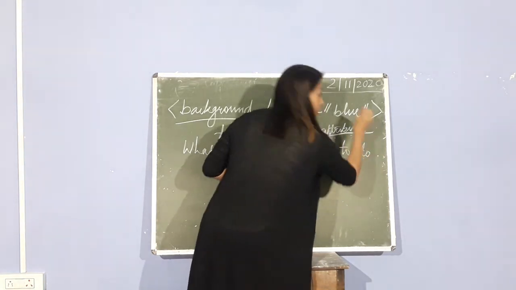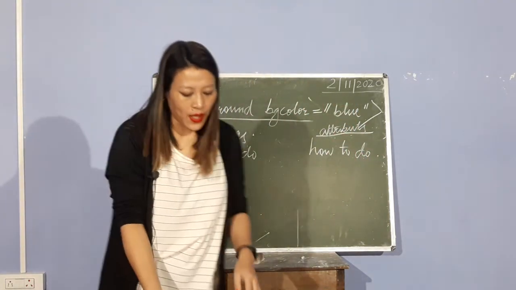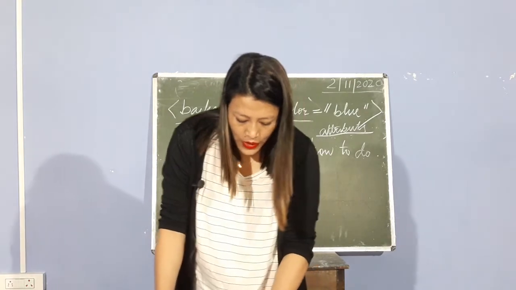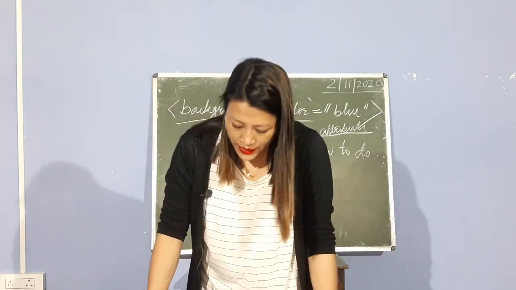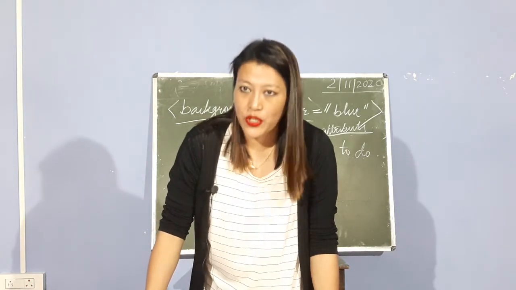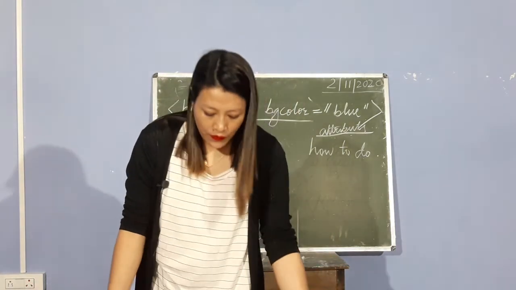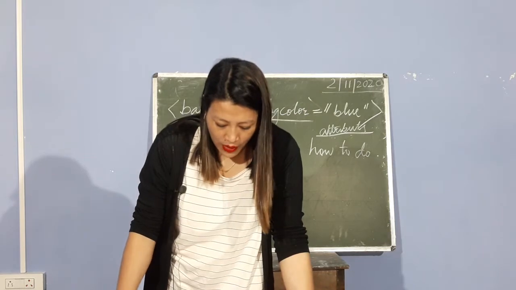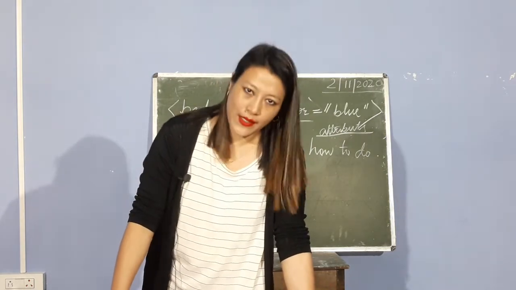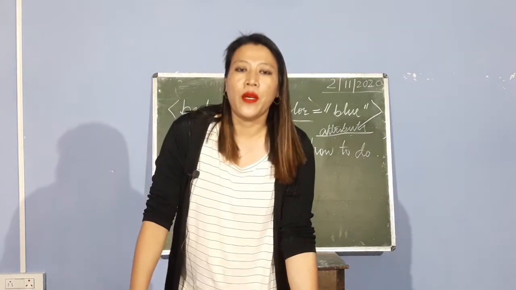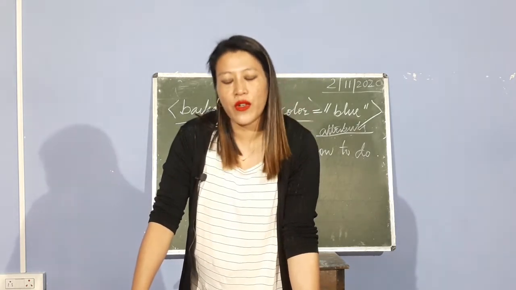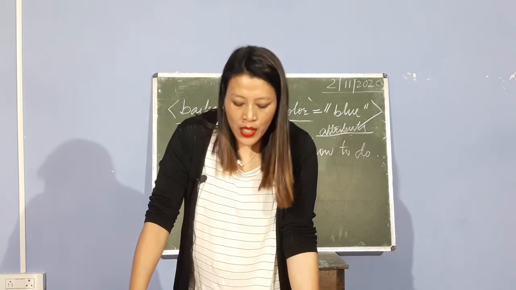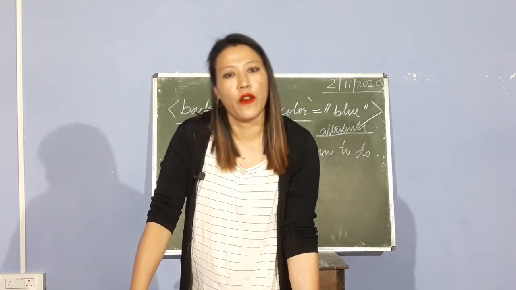That is the difference between tags and attributes, okay. So BGCOLOR is used to specify the background color of the web page. The default background color of the web page is always white. As you all know, in the computer your default color will always be white and your text color will always be black, okay. So you can change the background color of your web page too.